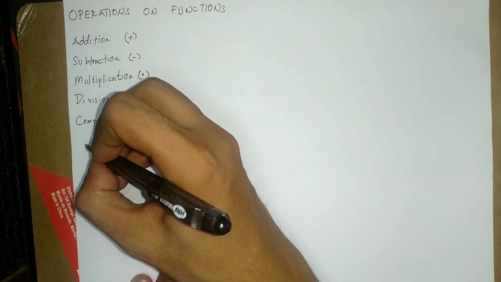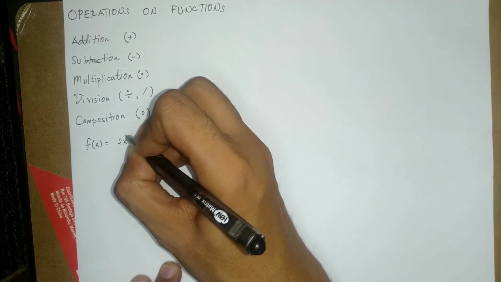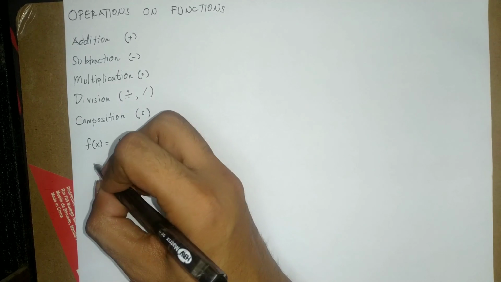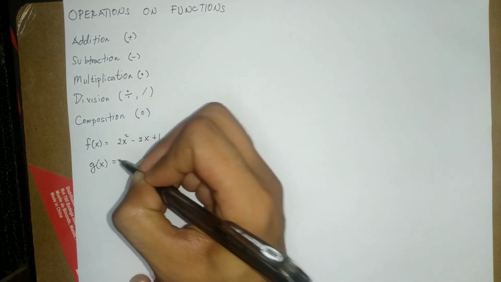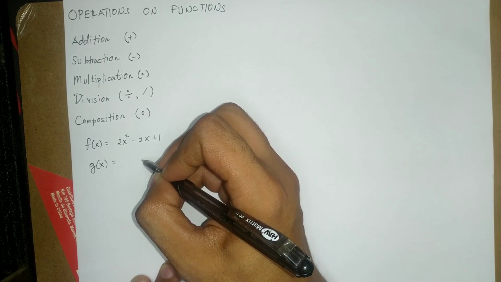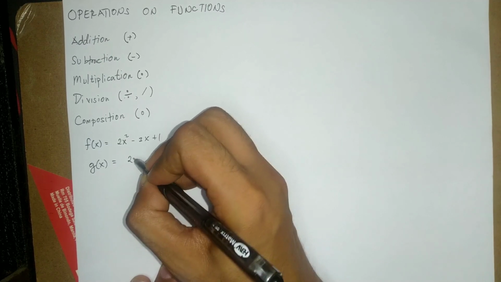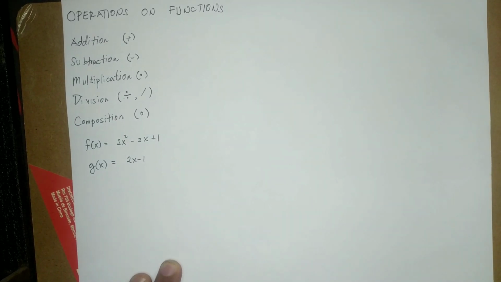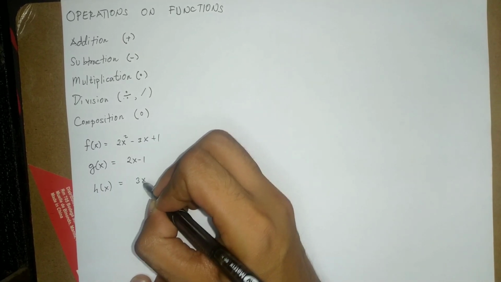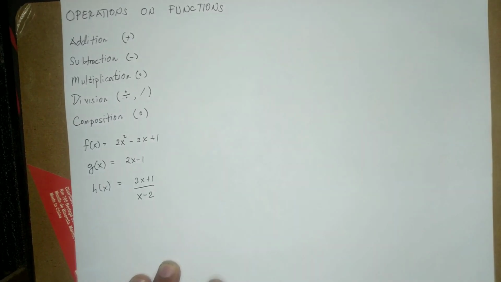So let's just say we have the following functions: f of x equals 2x squared minus 3x plus 1, g of x, let's just say 2x minus 1, h of x, let's say, 3x plus 1 over x minus 2.